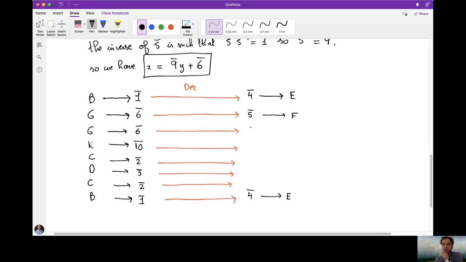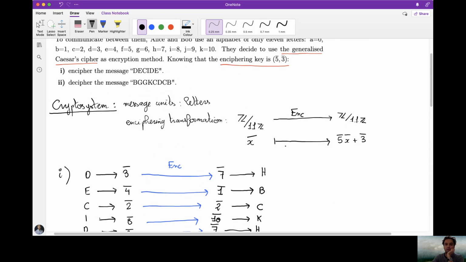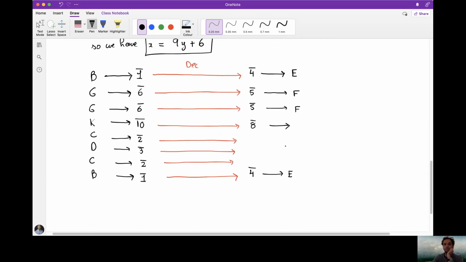So that's F. Same for this one. Now for K equals 10: it's 90, 96, and 96 is 88 plus 8. So this is 8, and 8 corresponds to letter I.